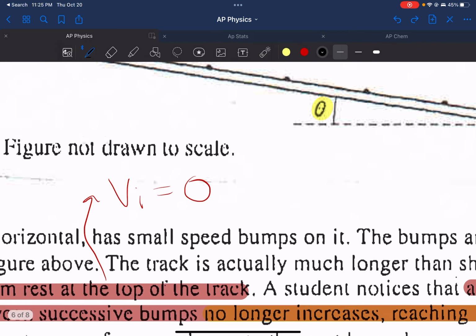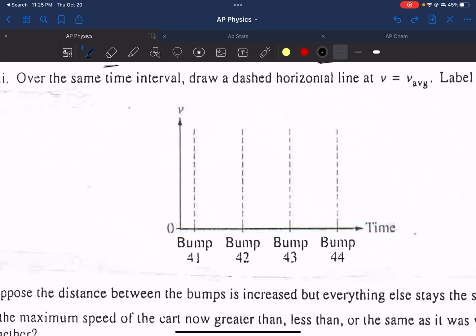So let's draw how this would look. We're just going to assume rest is, let's say, right here. So I'm going to go like this, abruptly drop. Abruptly stop, then constantly accelerate up to here. Then we're going to abruptly go down again, constantly accelerate.